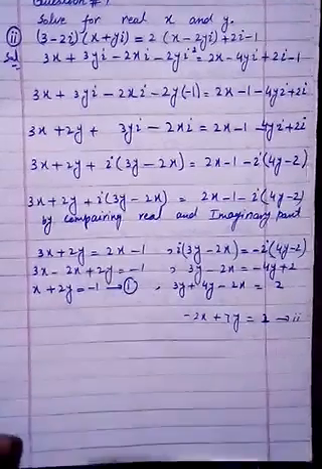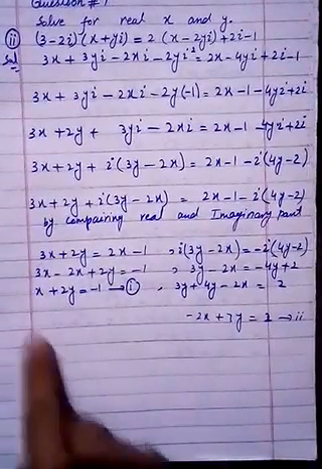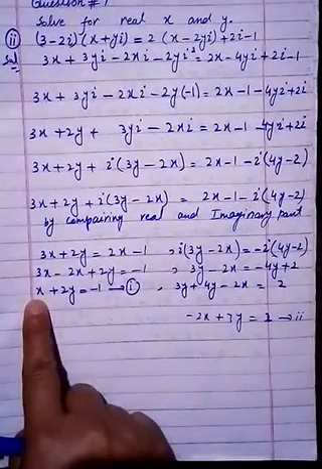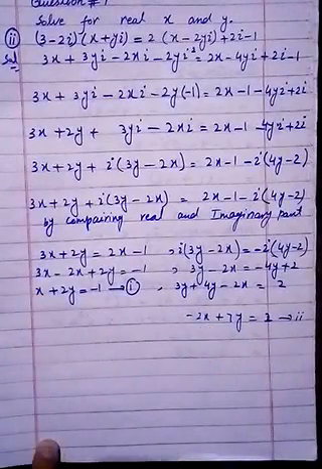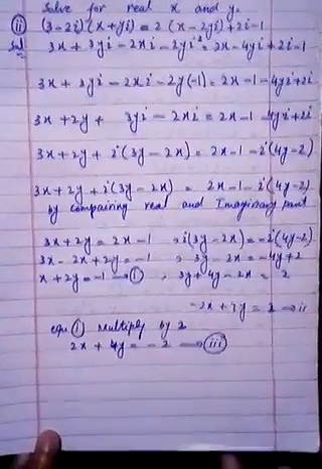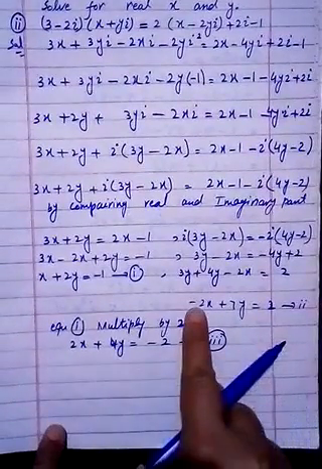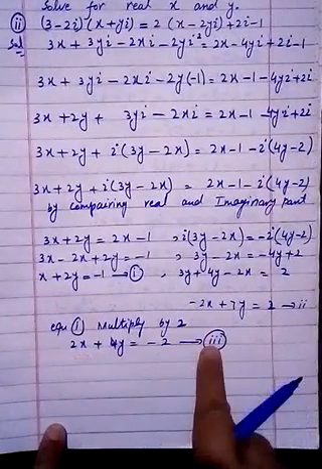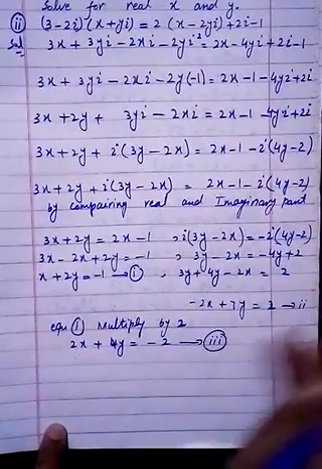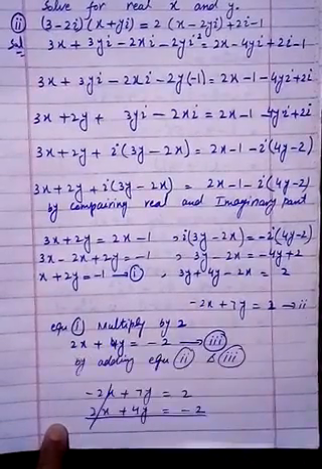Now you have to apply the equating the coefficient method here. The coefficient of x is 1 here and the coefficient of x is 2 there. So you have to multiply equation 1 by 2. That is known as equation number 3. Now the signs of the coefficients are opposite to each other, so you have to add equation number 2 and 3.